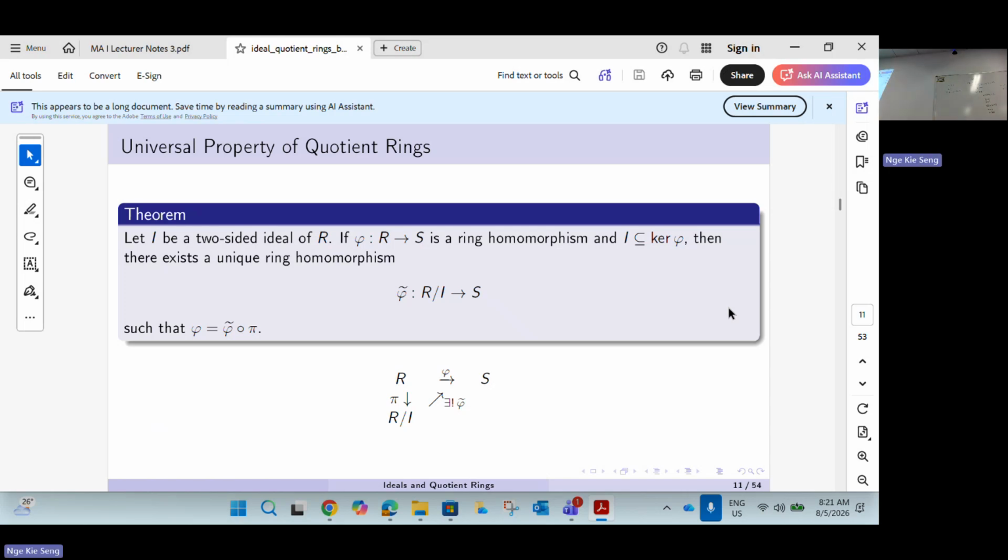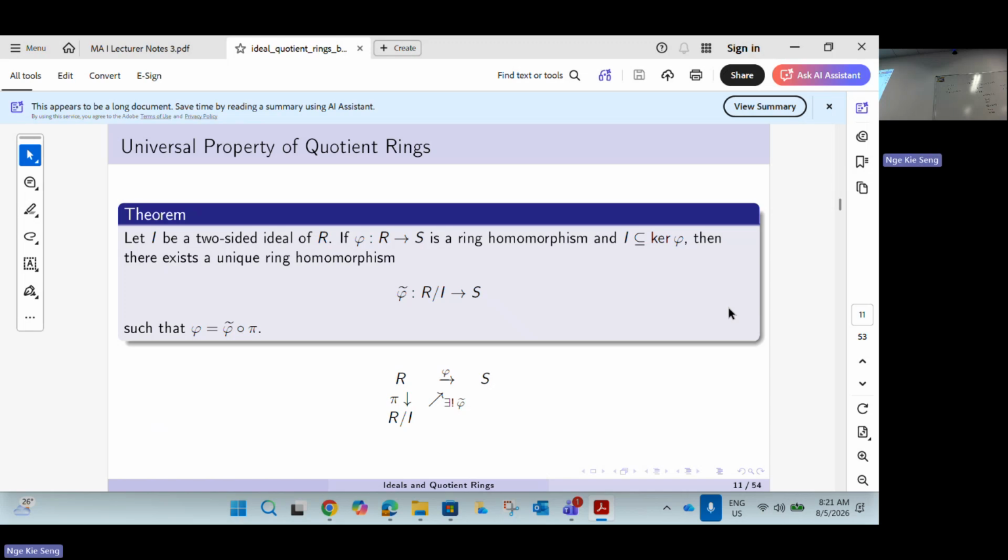The next is a theorem, the universal property of the quotient ring. Let I be a two-sided ideal of R. Suppose we have a map phi from R to S that is a ring homomorphism, and I is in the kernel of phi.